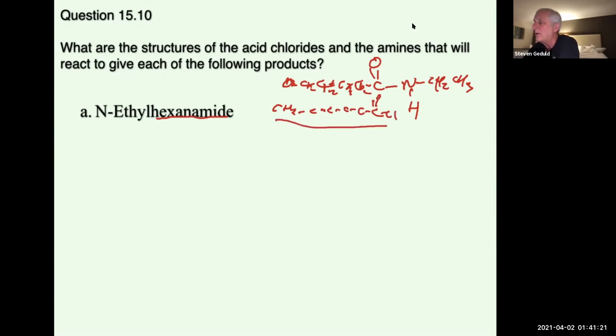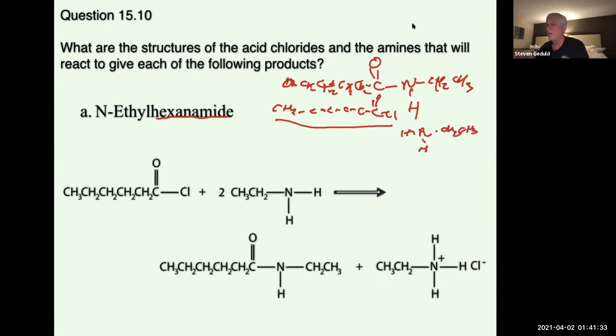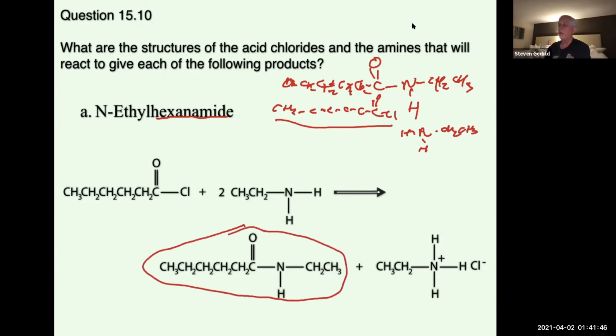That's our acid chloride that we need to start with. And then the amine is going to be 2 hydrogens and an ethyl group. Those are the starting products. So this is what we drew first, N-ethyl hexanamide.